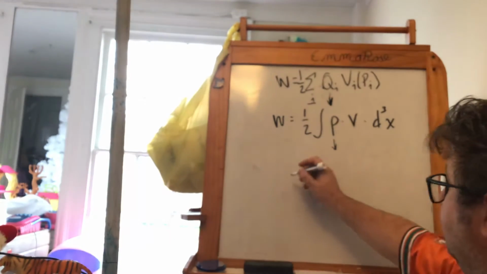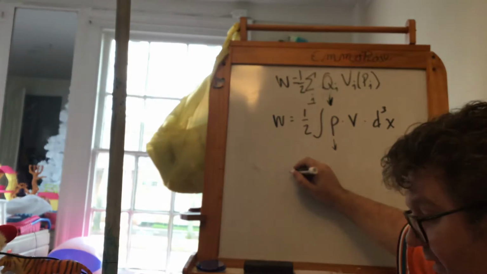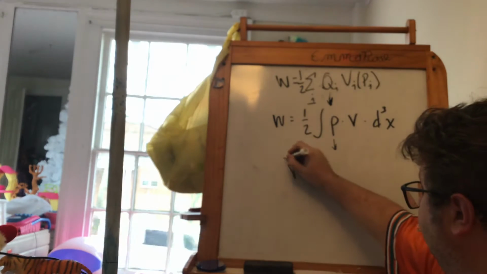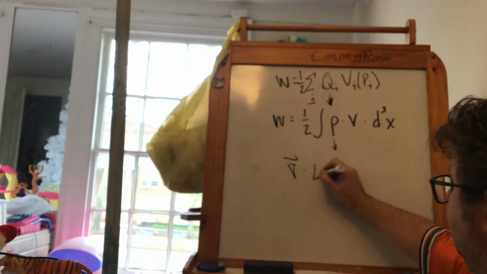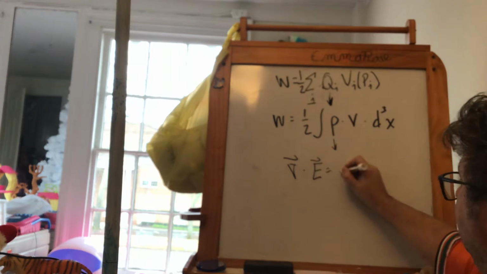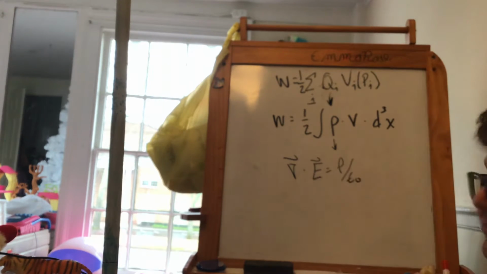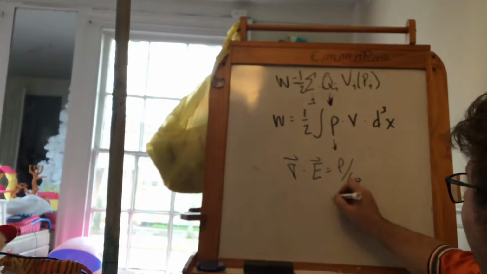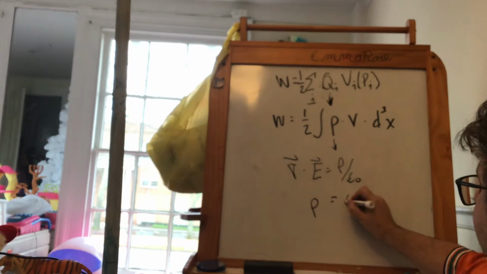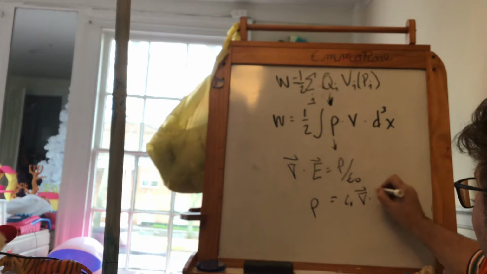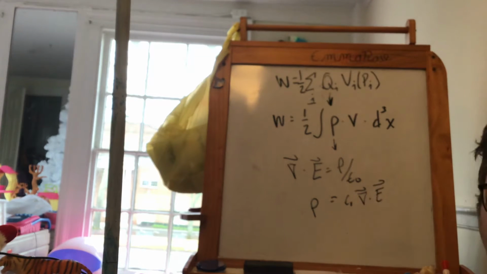We know that the divergence of E is equal to the charge distribution over epsilon naught. So if I rearrange, you get the charge distribution is epsilon naught times the divergence of E.